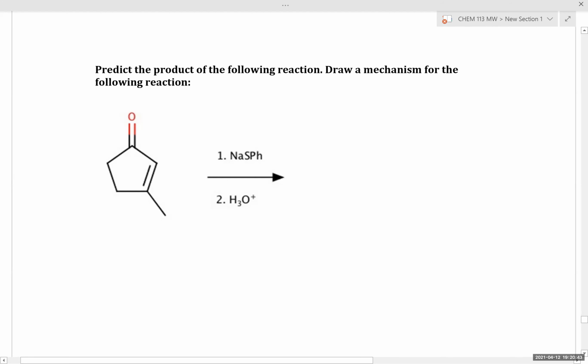Sulfur-centered nucleophiles and nitrogen-centered nucleophiles are great nucleophiles for 1,4 addition because they're quote unquote soft nucleophiles. Generally, if your nucleophile is not a carbon-centered anion, it will generally be a soft nucleophile and prefer to add 1,4 in most cases.